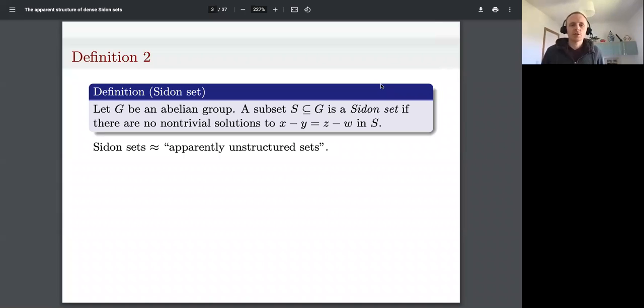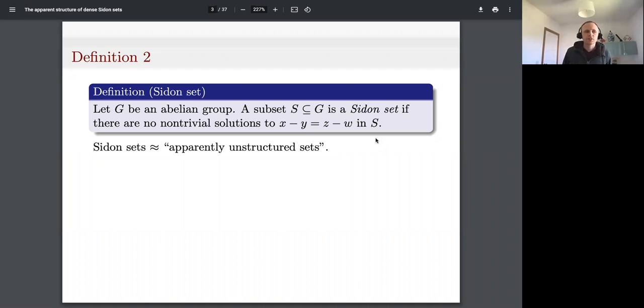So when you look at the differences of all the elements in your set, those are all distinct. What are the trivial solutions? Well, the zero difference I obviously get as many times as there are elements in my set. And the other trivial solution is where I just take x to be equal to z and y to be equal to w. If there are no other solutions, then the set is called a Sidon set.